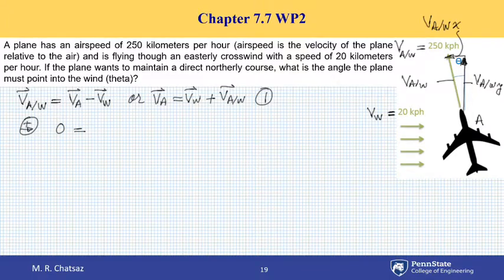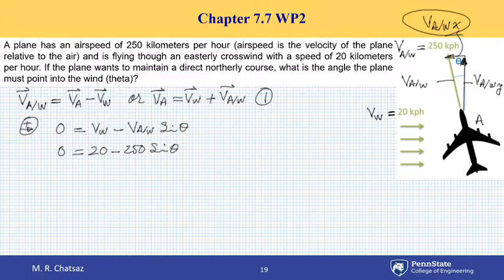So x component of equation 1 as a scalar equation is V sub W plus the horizontal component of this vector, which is to the left. So I should really write minus VA slash W times sine of theta. Plugging in the numerical values, I have 20 for velocity of the wind minus 250 sine of theta.